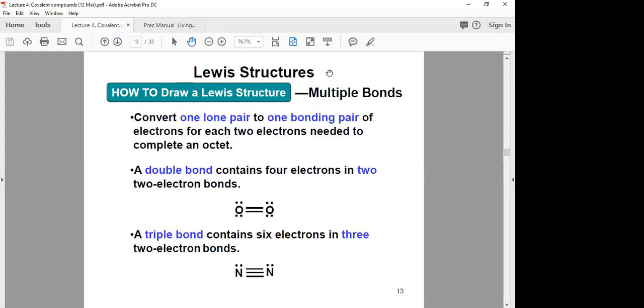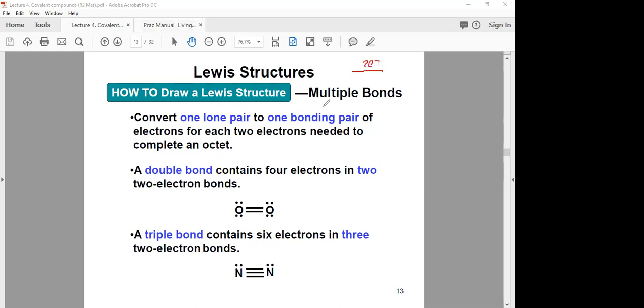All right, now what we've been looking at so far are single covalent bonds, that is just one solid line which contains 2 electrons.